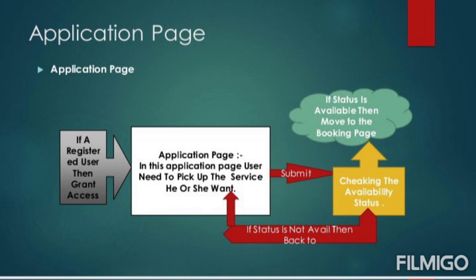Next, coming to the bed booking. Here a user is permitted to book a bed for anyone and can confirm by the availability status of a particular hospital, or he or she can change or move to other hospitals.